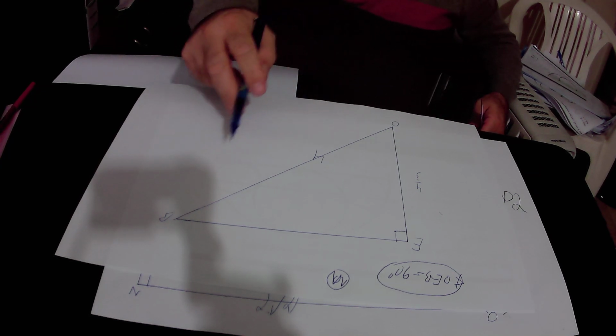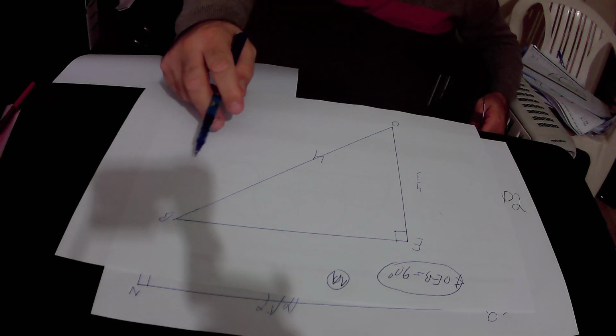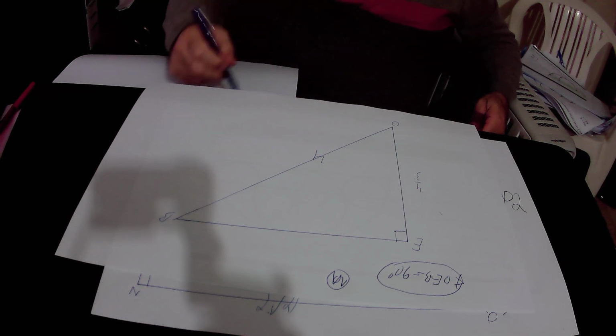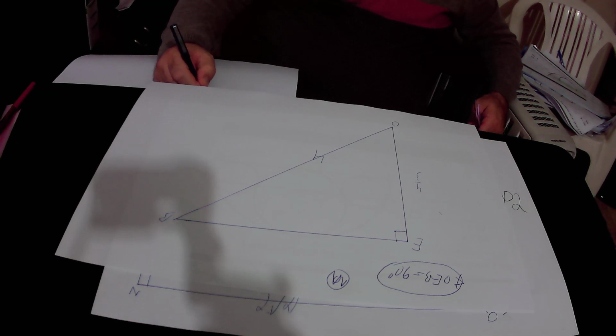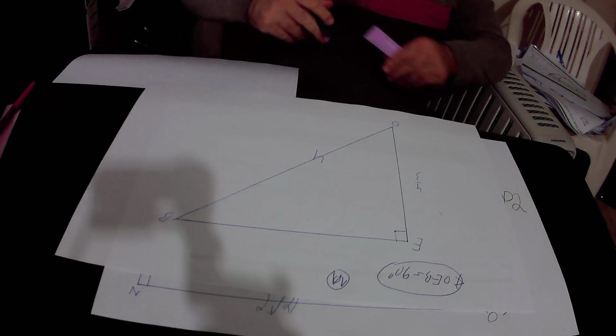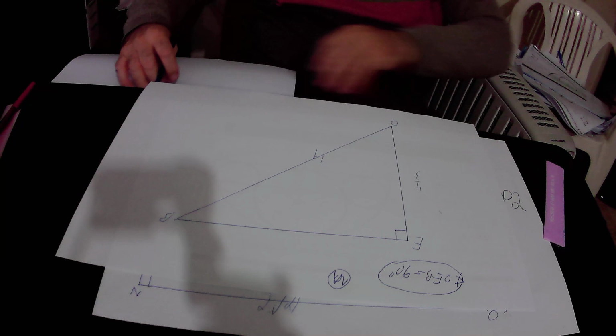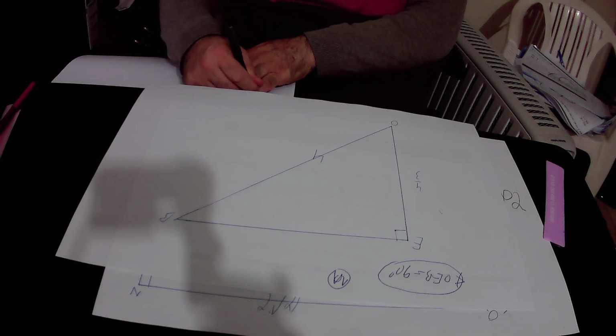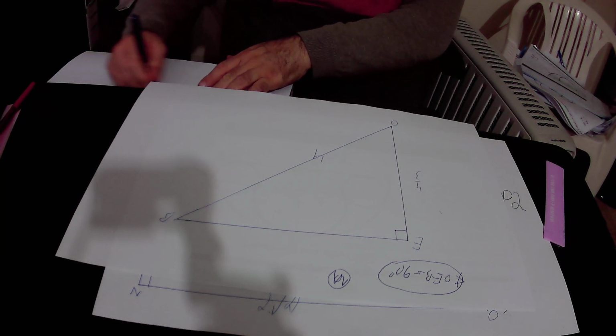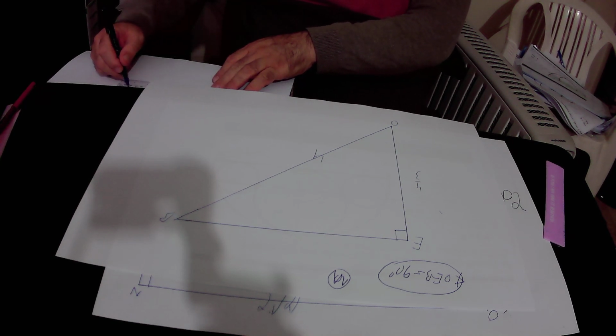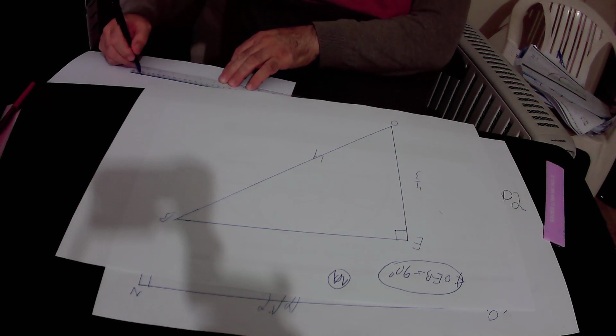The hypotenuse is OB, so the square of the hypotenuse is OB square. And it equals the sum of the squares of the perpendiculars.